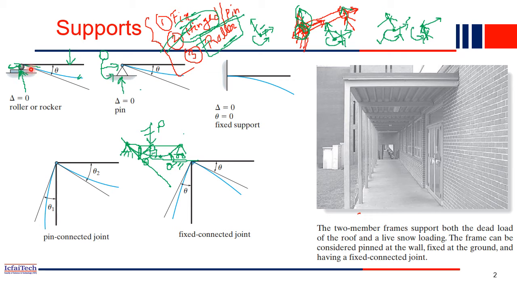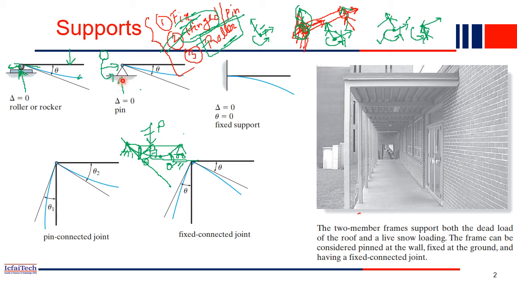Here also, in the roller, deflection started at the support itself, because the reaction moment at these two supports is zero, right? Whereas the fixed end reaction moment is not zero. You have three unknowns here: horizontal reaction, vertical reaction, and moment. Right? So for slope and deflection, at this point slope theta is zero, and deflection is also zero.